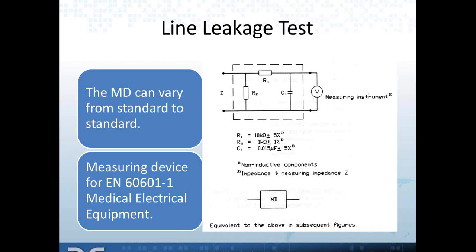Now again, the measuring device can vary from standard to standard. Here's an example of a measuring device for EN 60601, which is the standard for medical electrical equipment. As you can see, the measuring device consists of basically resistors and capacitors, simulating human body impedance.